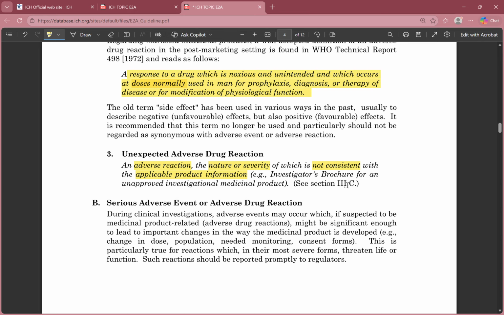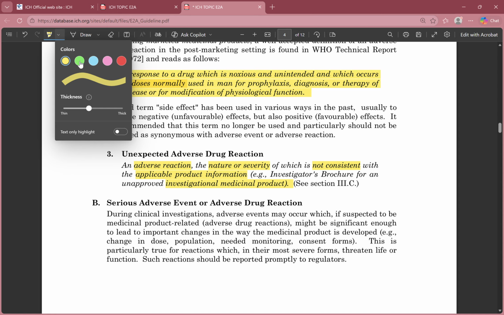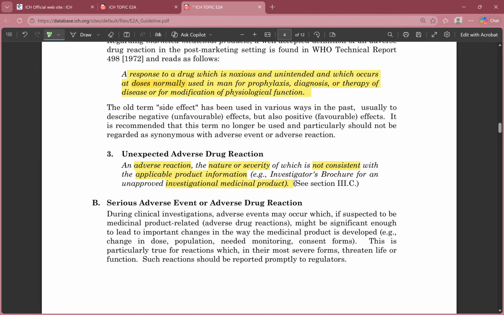Since this is written in the case of the investigator brochure for an unapproved investigational medicinal product, an investigational product is the one which is under clinical trials, right? It is not something which is on the market. For it, there is this document, the investigator brochure. The investigator brochure is the product information regulatory document that helps us check whether the nature or the severity of the adverse reaction that any subject or patient is experiencing is consistent with this document or not.